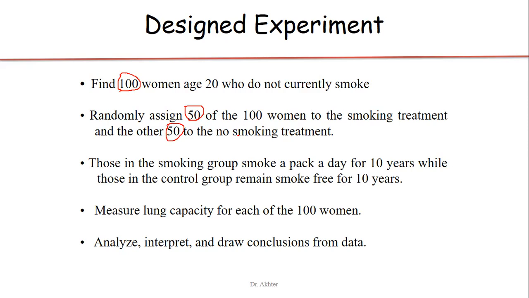Then for the next 10 years, we keep all of these 100 women in an isolated environment, and 50 women have to smoke 10 cigarettes per day for 10 more years, and the remaining 50 have to be smoke-free for the rest of the 10 years. This is a very accurate data set, but for it we must wait for 10 years. So this type of data is called design of experiment.